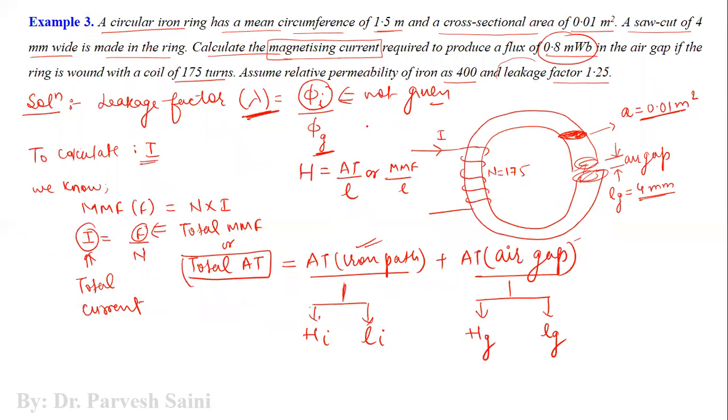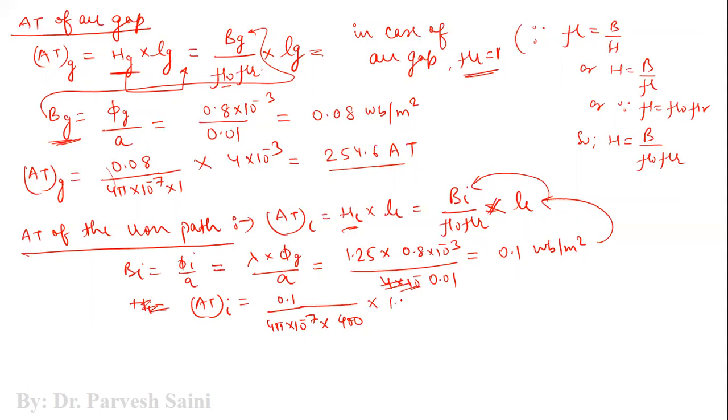It is also given: the mean circumference is 1.5 meter. So this is the mean length of the magnetic circuit, 1.5, right? Now if we substitute all these values, we will get the ampere turns of the iron path, which is equal to 298.5 ampere turns, right?